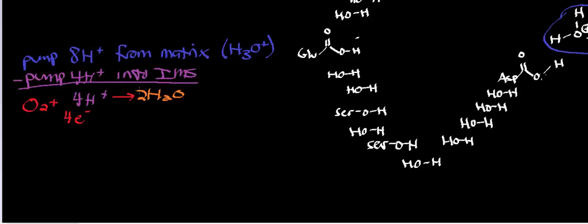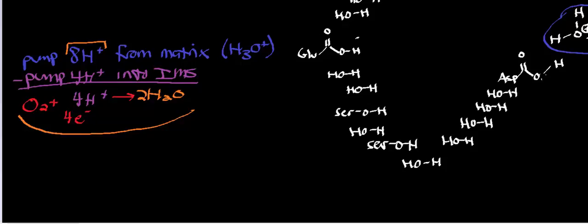Okay, so the net reaction of cytochrome C oxidase is it's going to take molecular oxygen, 4 protons that it got from the original 8 that were pumped from the matrix, and it's going to get 4 electrons that are going to come from cytochrome C that came from cytochrome C ubiquinol oxidoreductase complex 3, and then you're going to get out of it 2 water molecules.